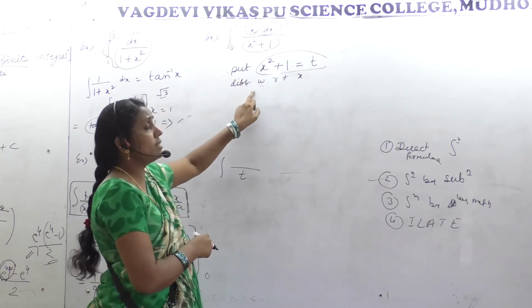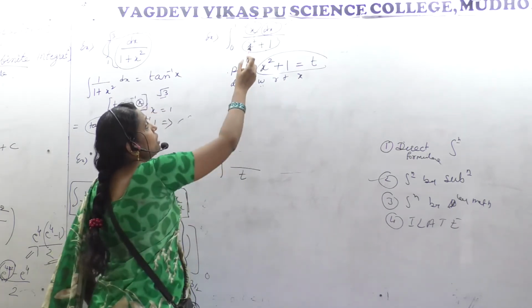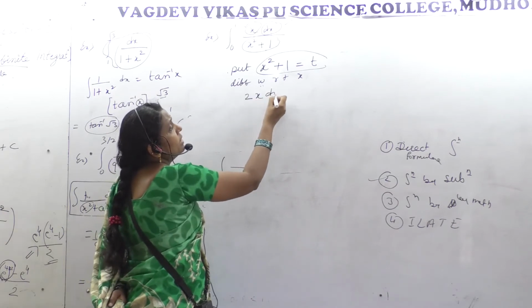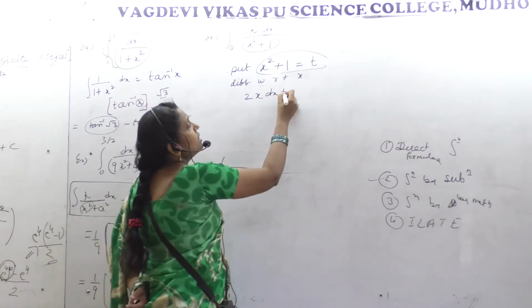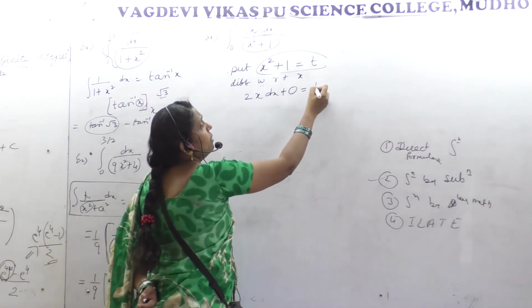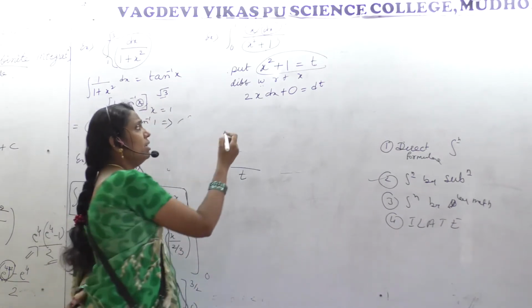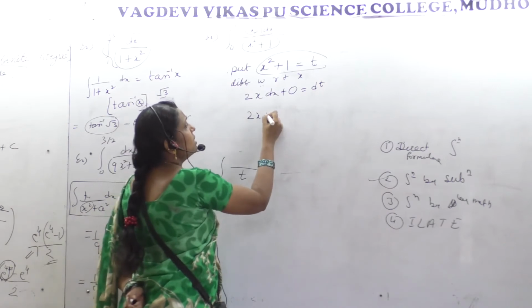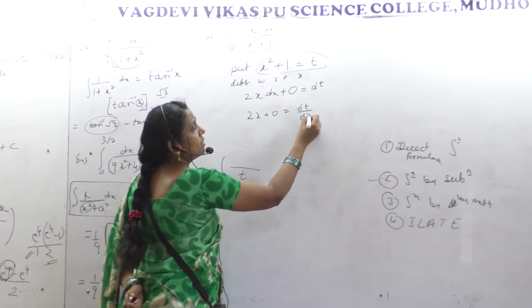So what is the next step? Differentiating with respect to x. Differentiate with respect to x, what will you get? x square derivative is 2x dx, plus constant derivative is 0, derivative of t is dt. You can even write in this form: x square derivative 2x plus 0, t derivative dt by dx.